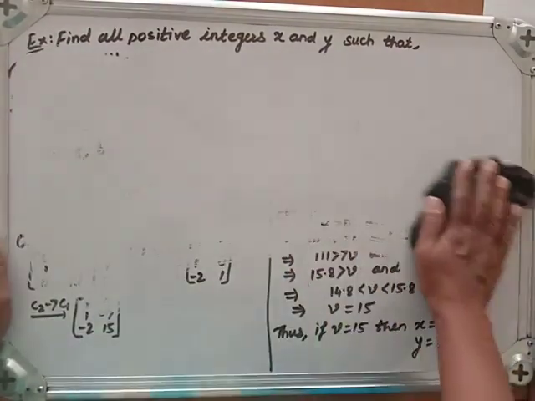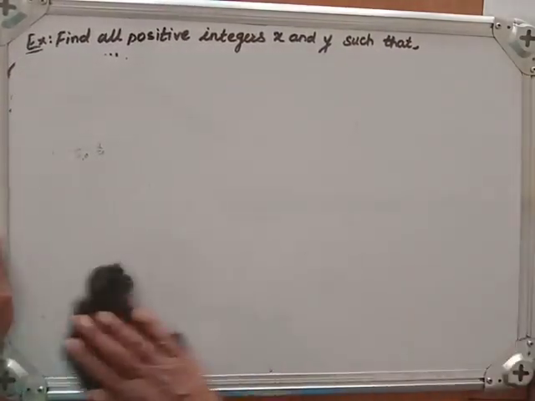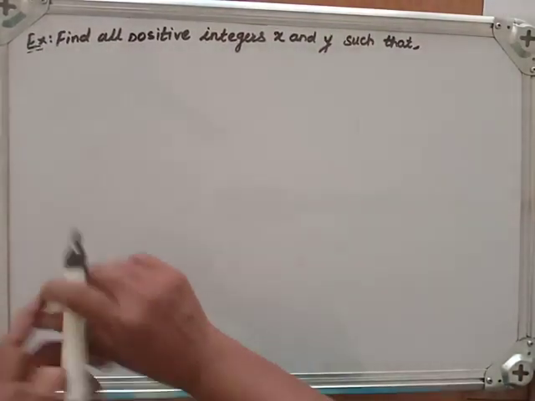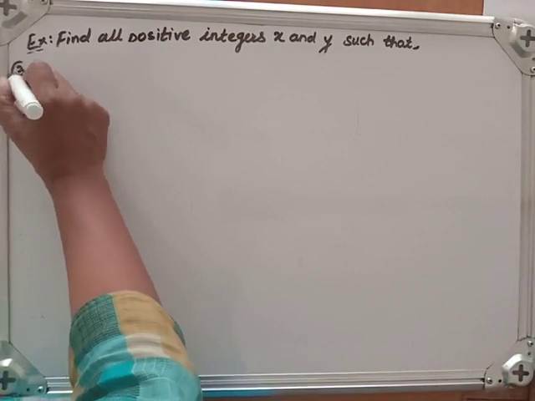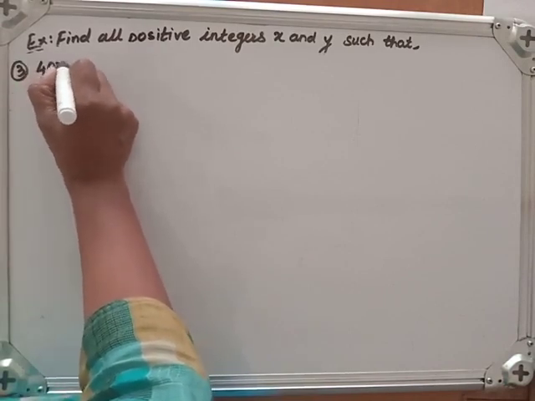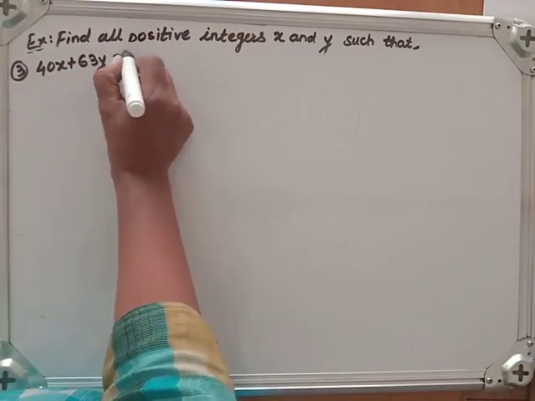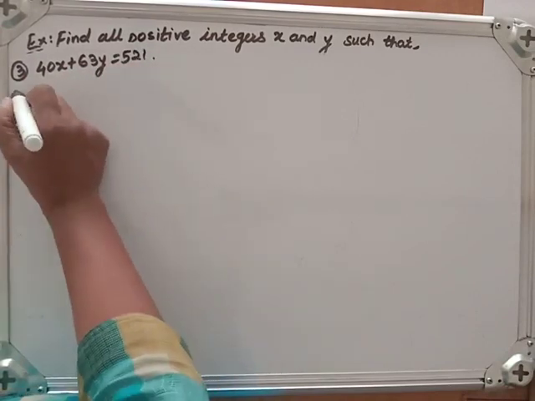Now next example of the same kind, so that it will be clear to you. Third: 40x plus 63y is equal to 521. Solution.